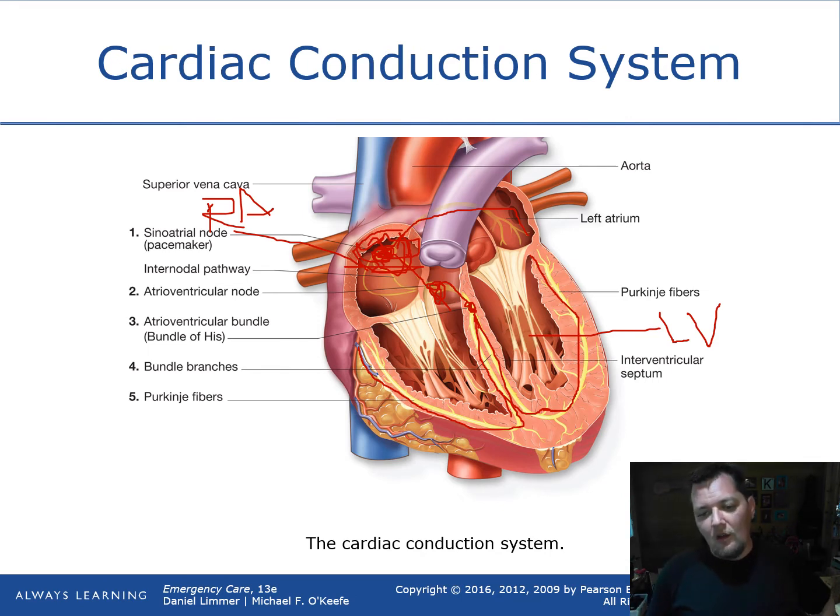All right? What happens is when that message gets sent down to this AV node right here, the AV node says, hey, you need to chill out and fix yourself, because I'm going to fix this for us, for the heart. I'm going to fix it for us.